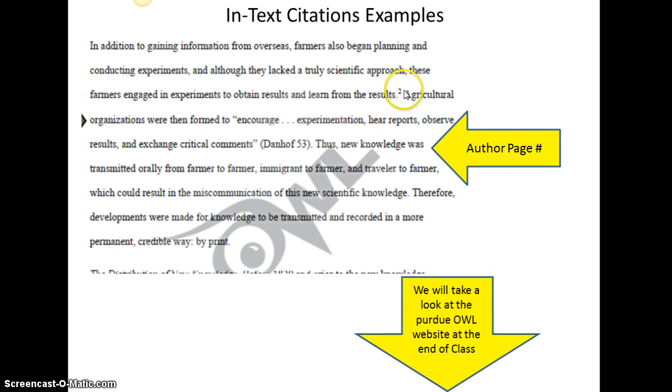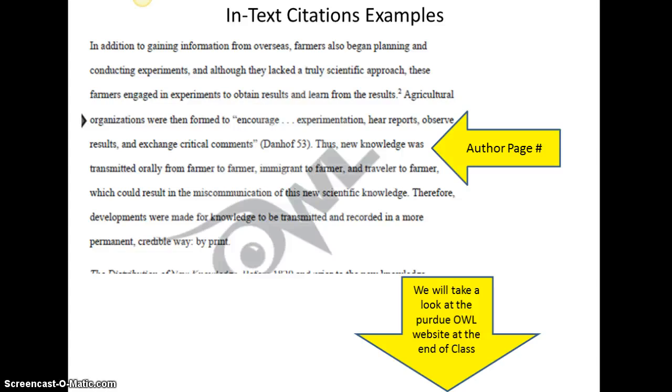This is a paraphrase you would do right here. A citation. Then the author continues with their own words: "Agricultural organizations were then formed to encourage experimentation." Notice that this flows right along with the text. The only reason you know it's a quote is because of the quotation marks. That is the perfect way to use quotes.